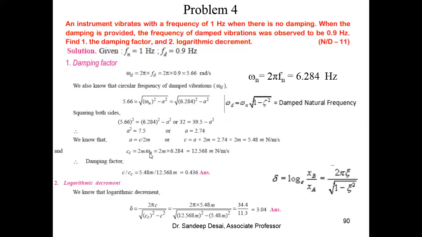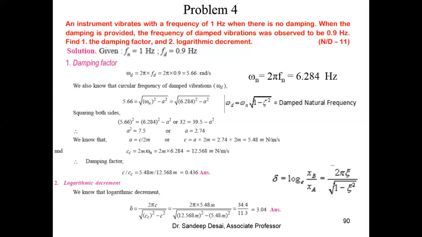For that you should calculate omega n. Omega n is equal to under root k by m, root of stiffness divided by mass. So let us calculate omega n. Tell me value of omega n. Quickly calculate and let me know. Omega n is equal to under root k divided by m. What is value of omega n?